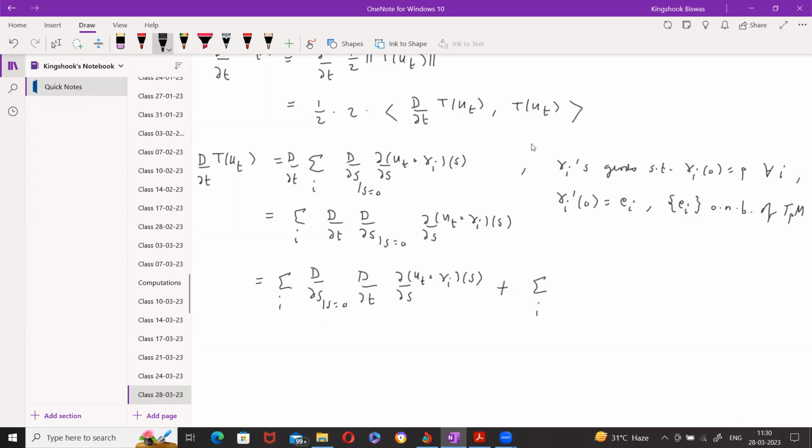So what I'll get is R, the curvature of N coming here.